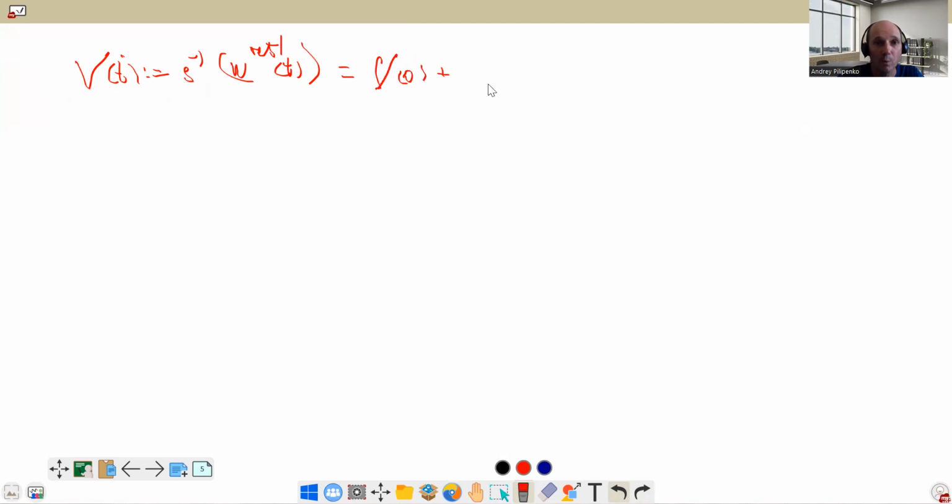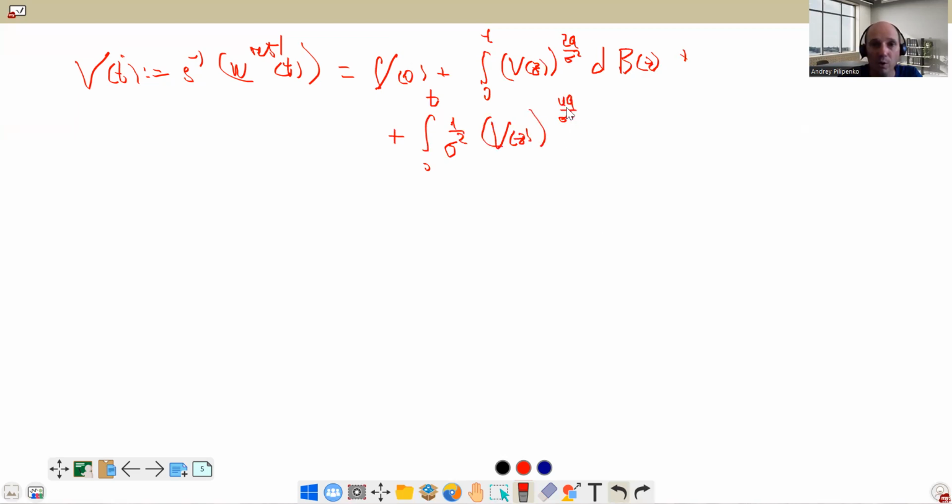V0 plus the integral from 0 to t of V of z to the power 2a over sigma squared d b of z, this is a Brownian motion, plus the integral from 0 to t of 1 over sigma squared V of z raised to the power 4a over sigma squared minus 1 times a dz, and there is no local time term, and the reason is the following.